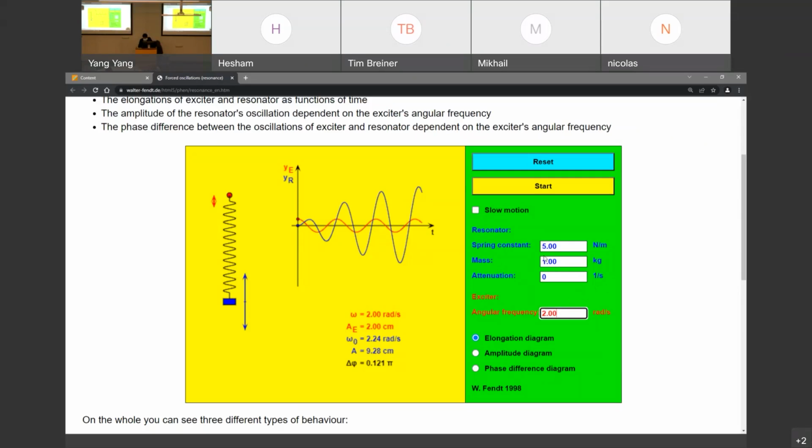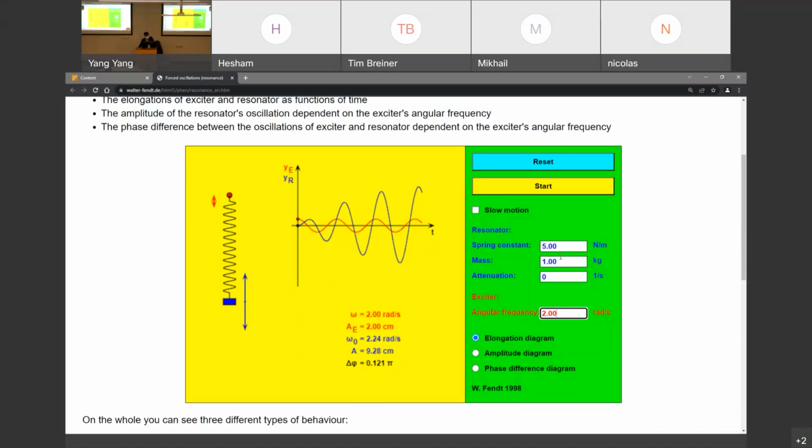Before we do any input for the external force, let's see what the natural frequency of the system is. We have k equal to 5, mass equal to 1, so the square root of 5 over 1.